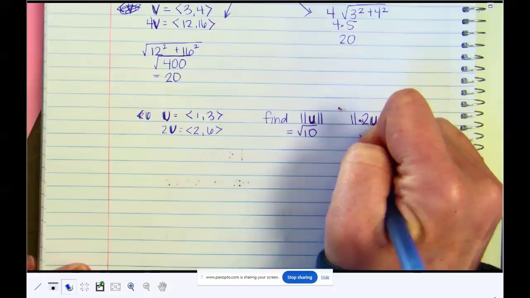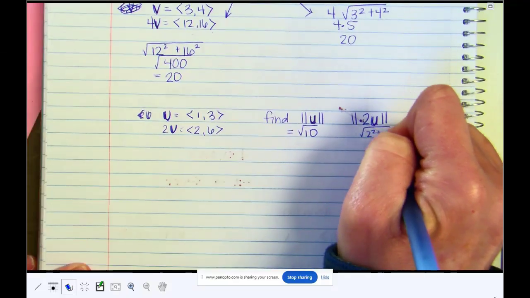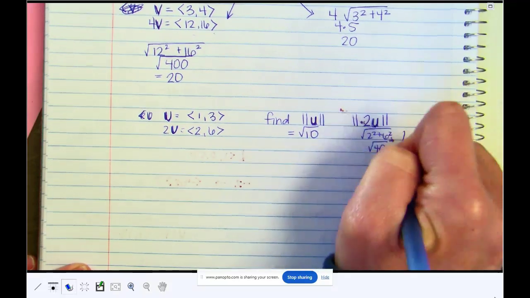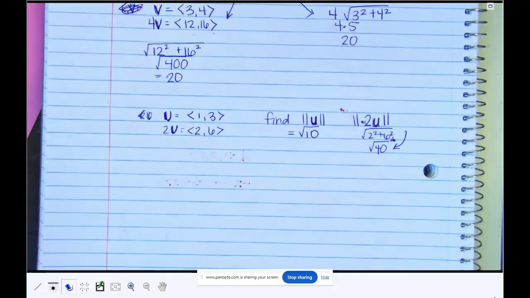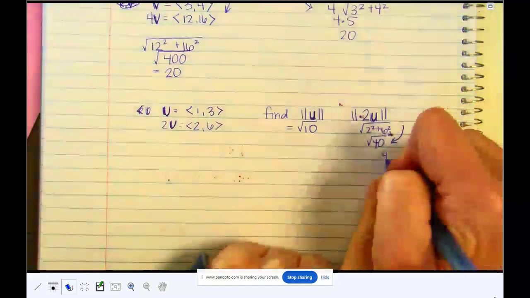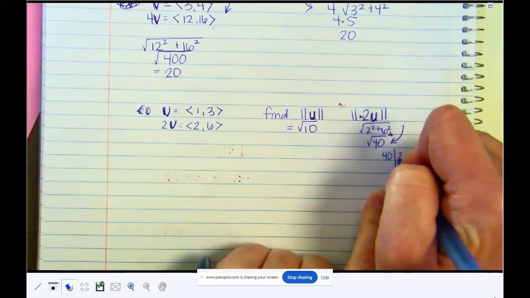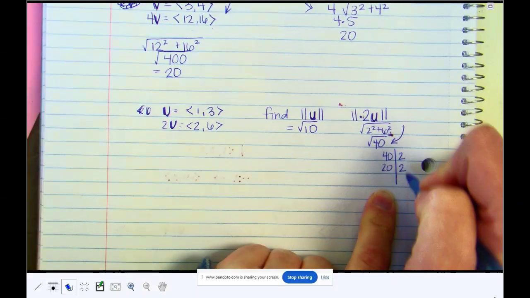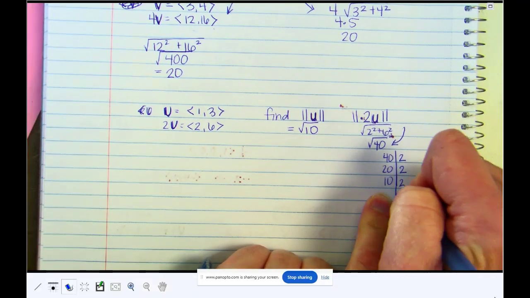So if you do this math, it's 2 squared plus 6 squared, which is the square root of 40. Now here's where the time saving comes in. That square root of 40 needs to be simplified. 40 is divisible by 2, that's 20, divisible by 2, that's 10, and that's 2 and 5.